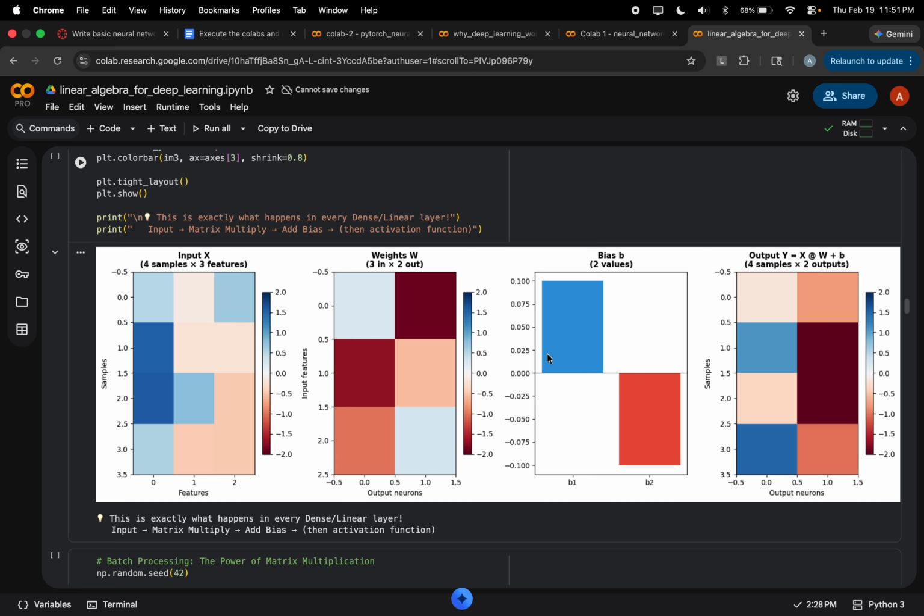When we are doing an operation with bias, it's always broadcasting. So these two values will be broadcasted and added to all the rows of the 4 cross 2 matrix, and we will get an output like this.